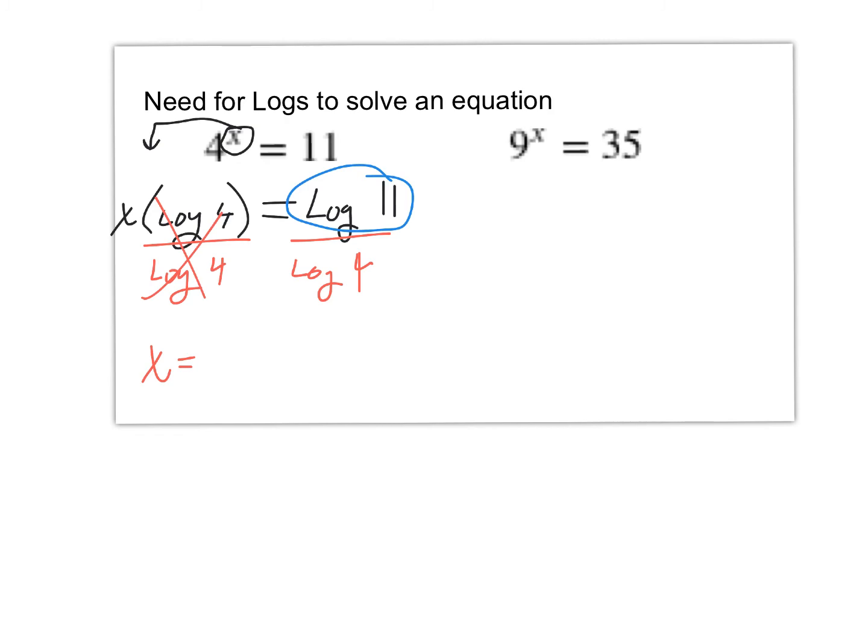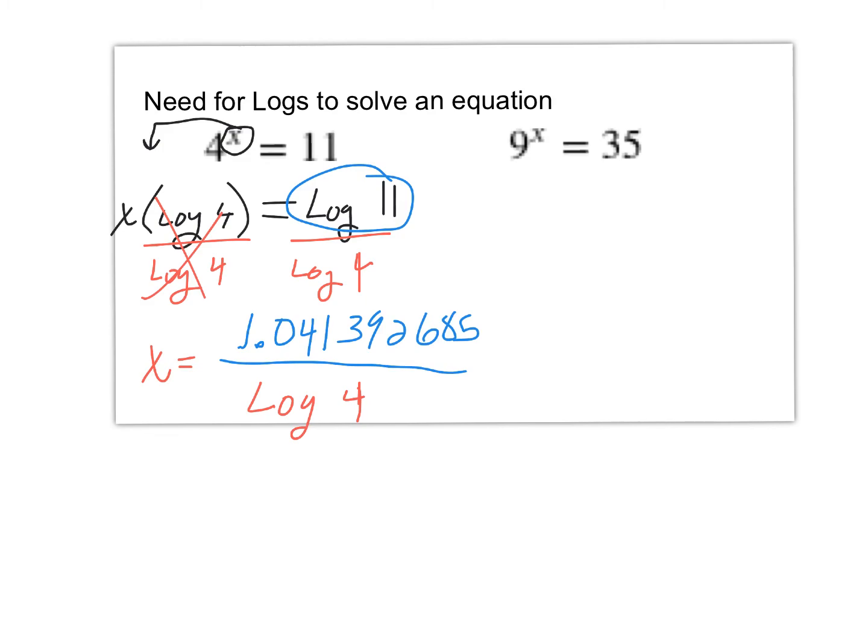So right now, checking this, you should get 1.04139268 for log 11. If you do not get that, you have to punch it into your calculator a different way. This is why using your own calculator is very helpful, so you know how it works.